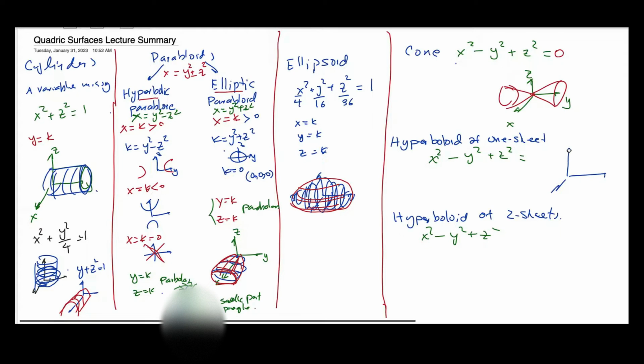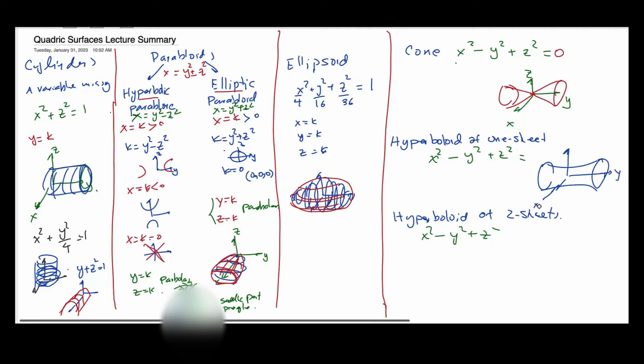Now, hyperboloids of one sheet. This is the picture. And again, because y has a different sign, I put it in the y direction. And what you see is, because it's hyperboloids of one sheet, you're expecting all cross-sections in y direction to be an ellipse.